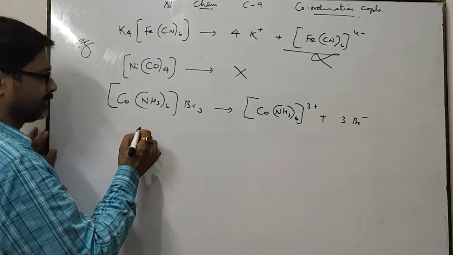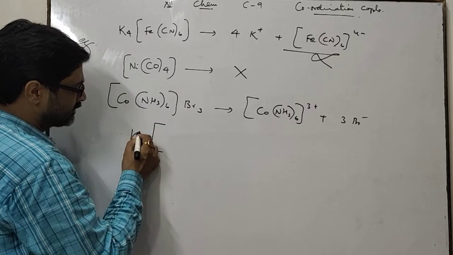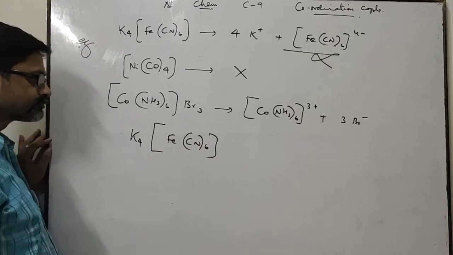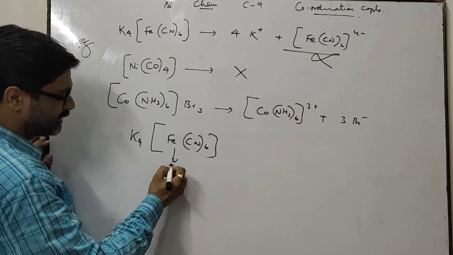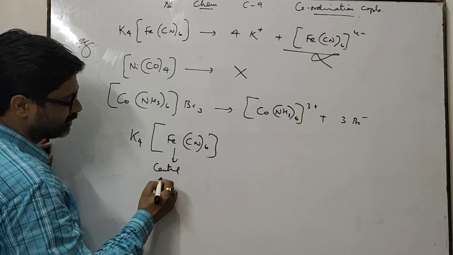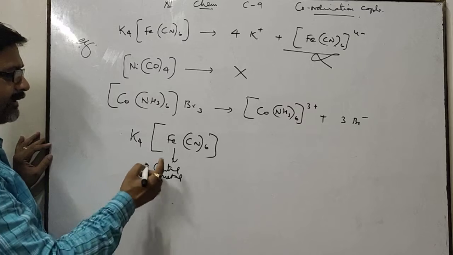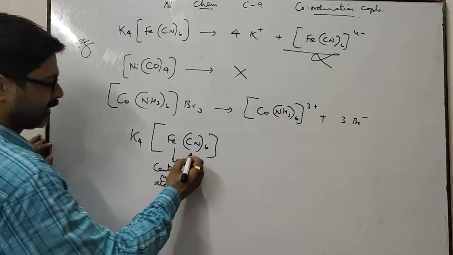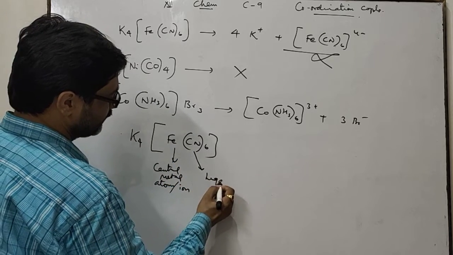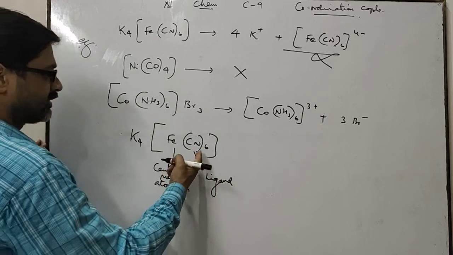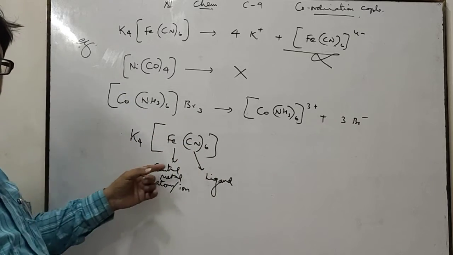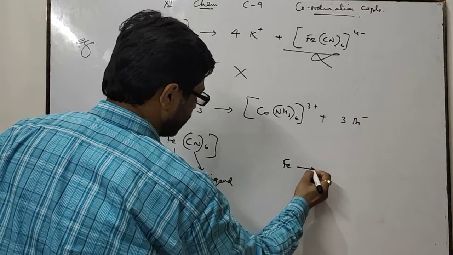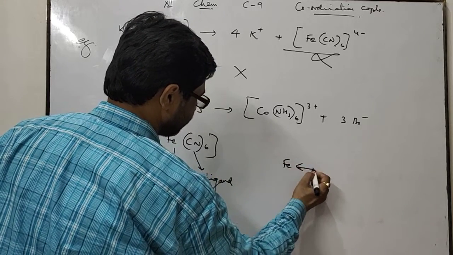In any coordination compound like K4[Fe(CN)6], in this figure, this element is known as the central metal. It may be in the form of an atom or ion. This figure is known as ligand. Here the ligands transfer lone pairs of electrons to the central metal and form coordinate bonds.